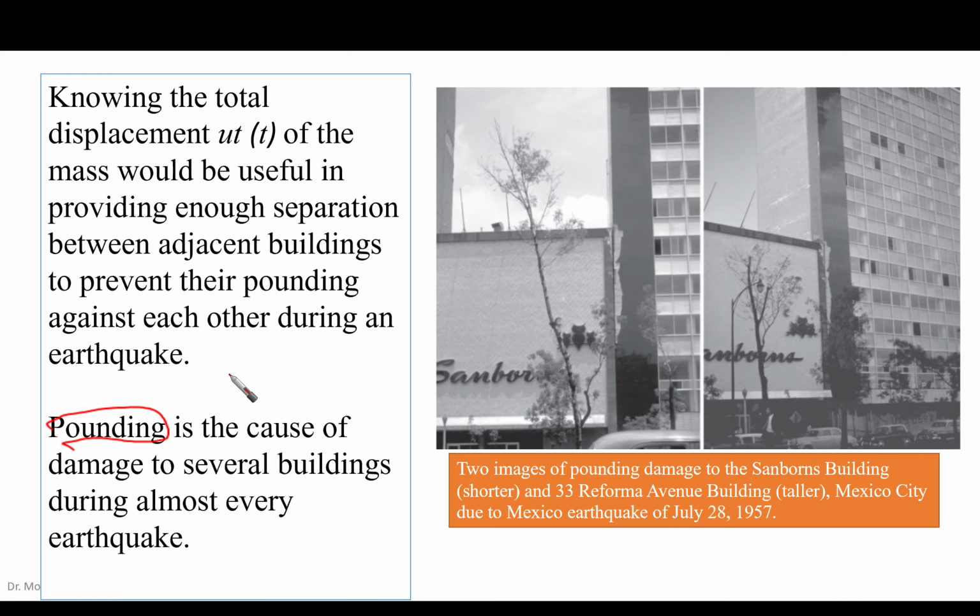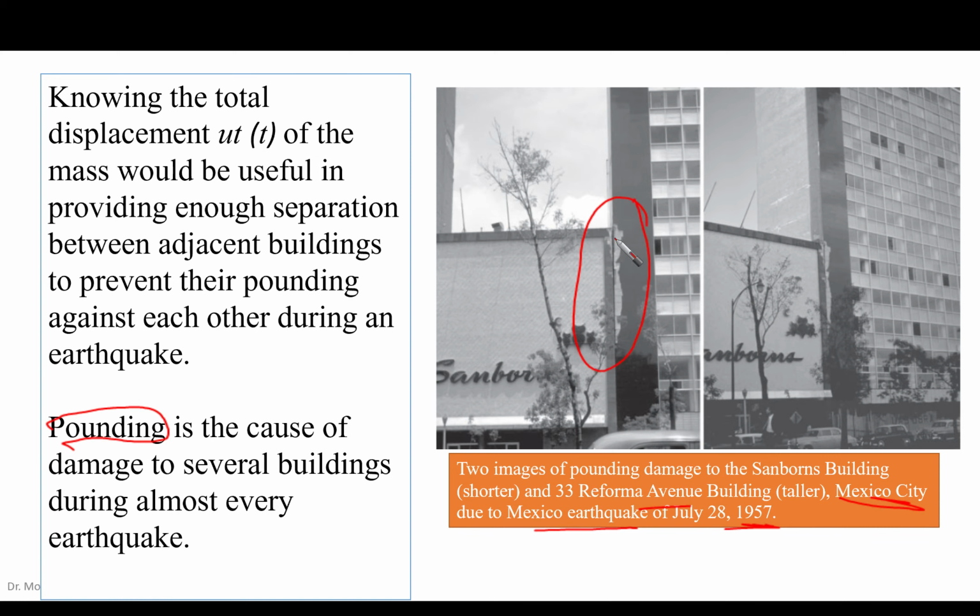different buildings. As you can see here, this is one picture, two images actually, of pounding damage in Mexico City, due to the Mexico earthquake in 1957. There was pounding between the two.